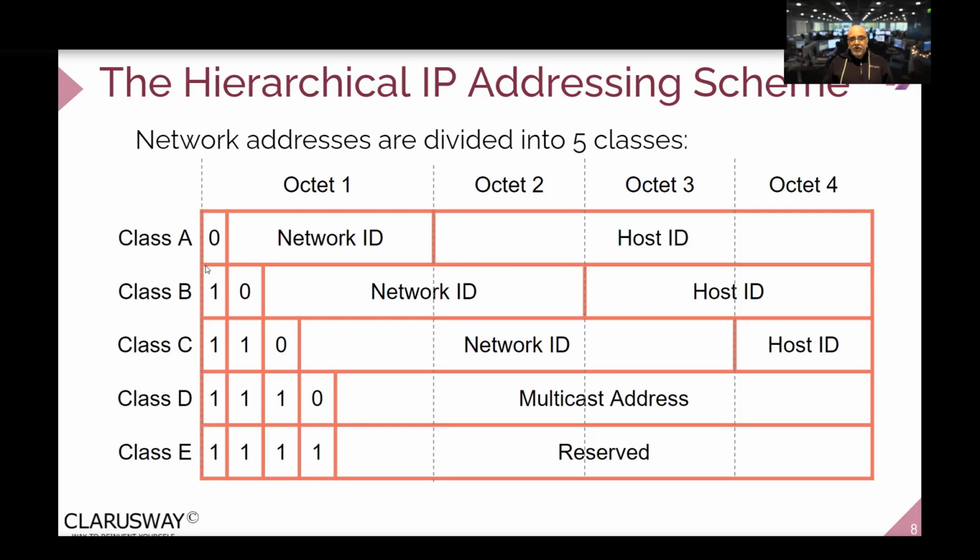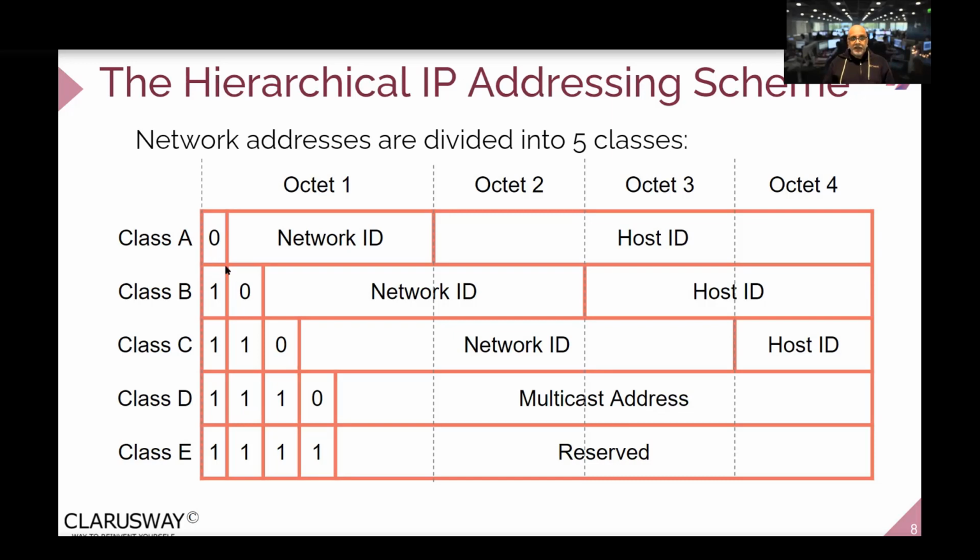Because remember, in total, you have 32 bits that you can use to define both the network and the host ID. So you can imagine that this has a minimum number and a maximum number with 32 bits. Okay. So with class A, we use the first octet to define the network ID, but the first bit is always going to be 0.